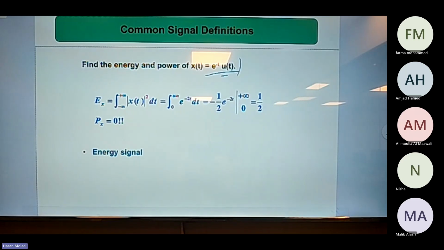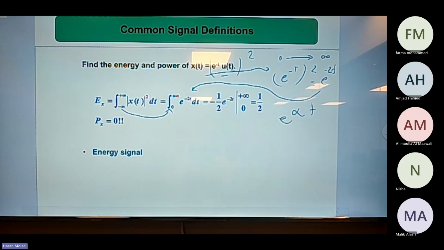We should find its square. u(t) means this signal is only from 0 to infinity. I need to change the integral to be from 0 to infinity. E to the minus t squared is e to the minus 2t.